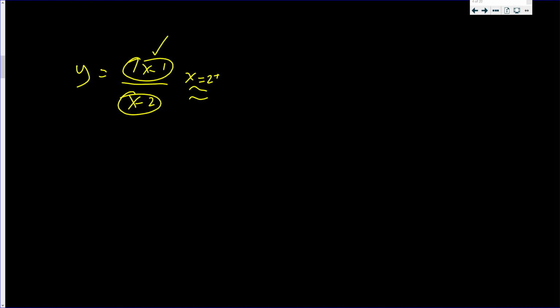Well, the numerator will be close to negative 15. The bottom is going to be really close to 0, just a little positive. And a negative over positive is negative, and a number divided by very close to 0 is infinity.